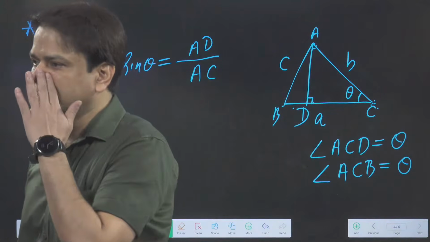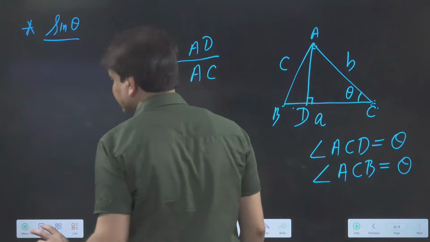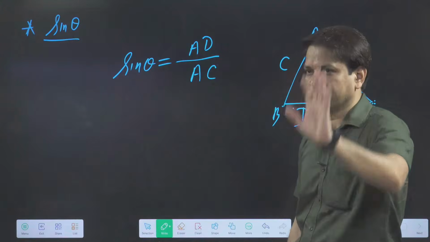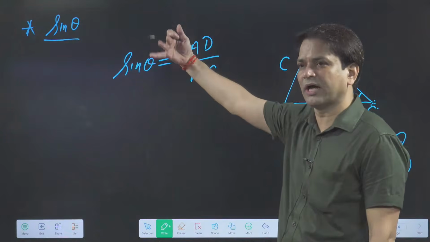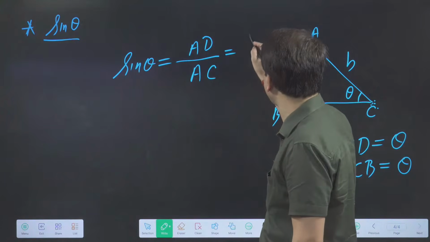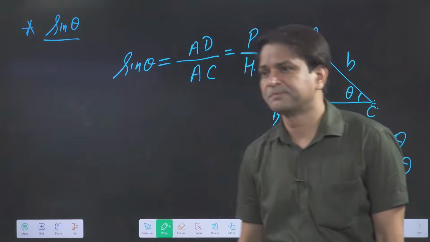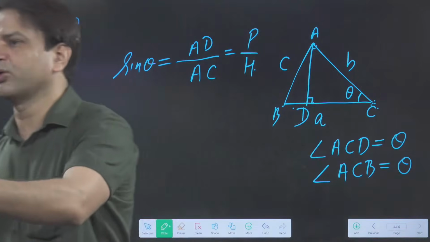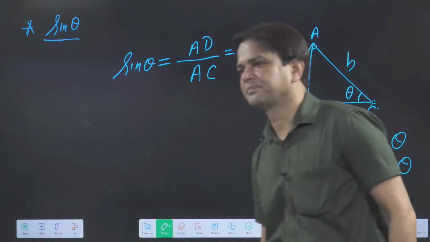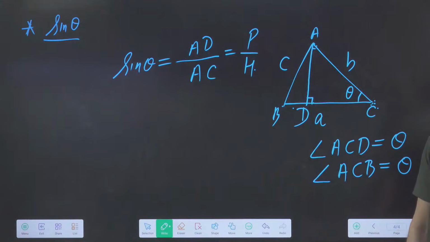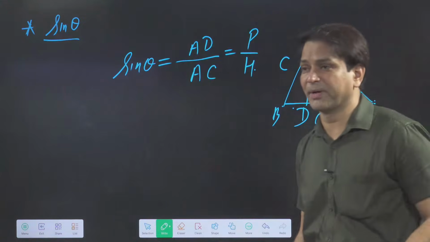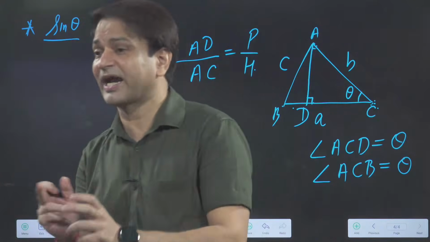Everybody got or not? So one formula what you mugged up, that is okay. Sine theta is the opposite upon hypotenuse. With that, perpendicular upon hypotenuse also you can remember if you want. So sine theta is the what? Perpendicular upon hypotenuse, or opposite upon hypotenuse, that you can remember, but we have to make the right angle triangle.